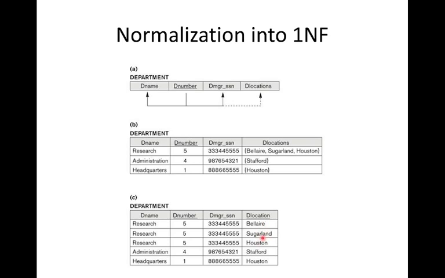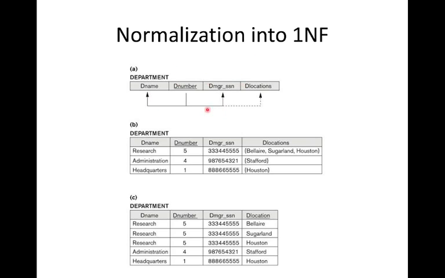All these have been separated into three different rows. Now each value is single valued, and that condition is satisfied. So this table is in first normal form because there are no multi-valued attributes, only atomic attributes. This is one way to normalize it into first normal form.